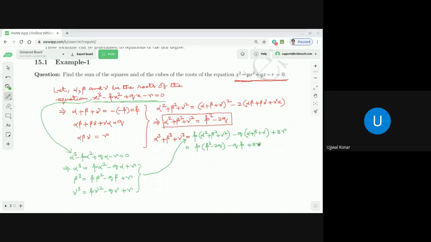So what we are going to get is P cube minus 2PQ minus PQ, so minus 3PQ plus 3R. So that is the value of alpha cube plus beta cube plus gamma cube. That is the most efficient way we are able to find it out. Clear now, dear students? Okay, great.